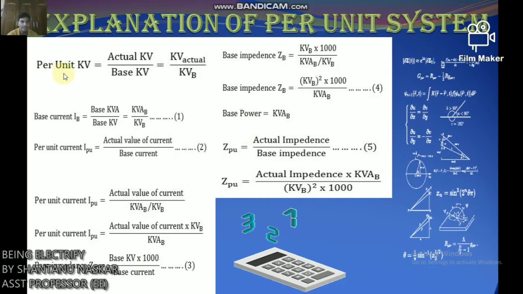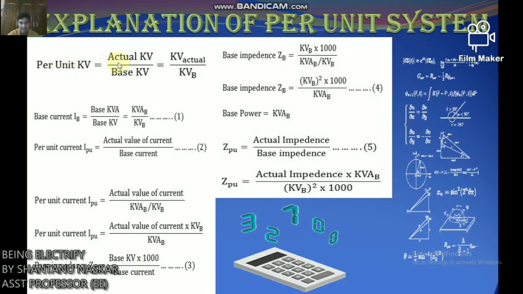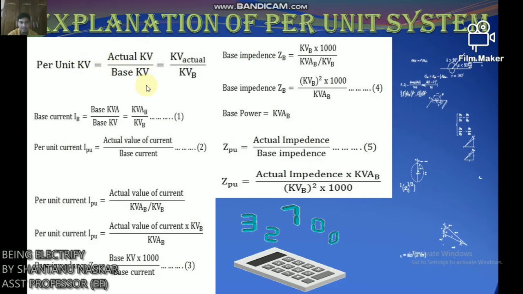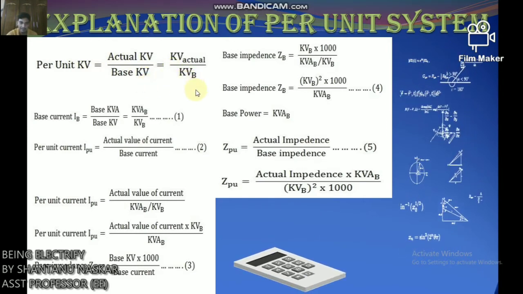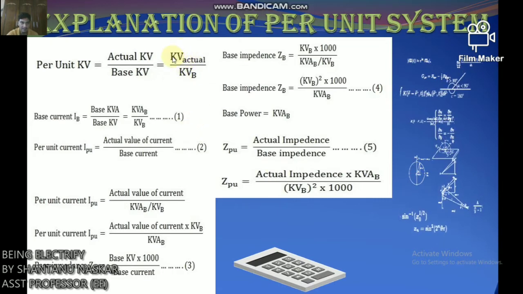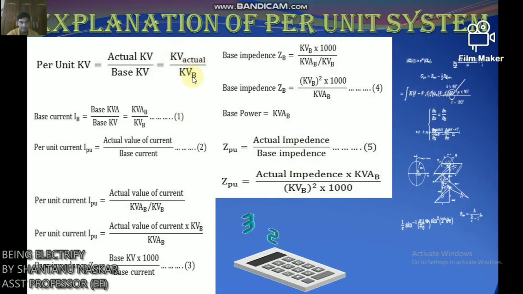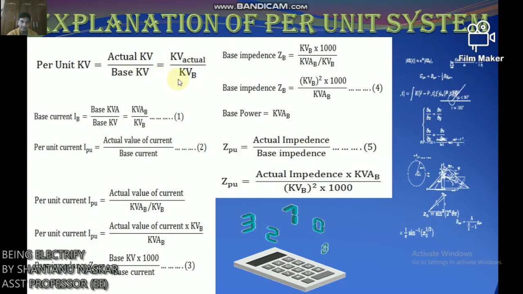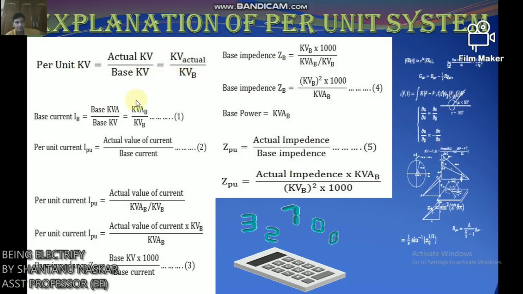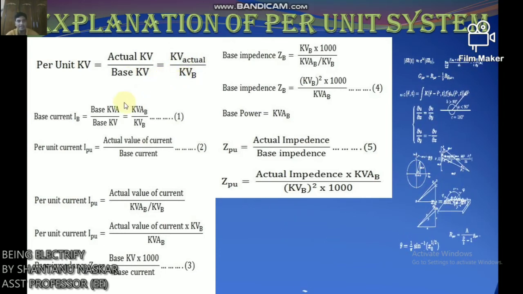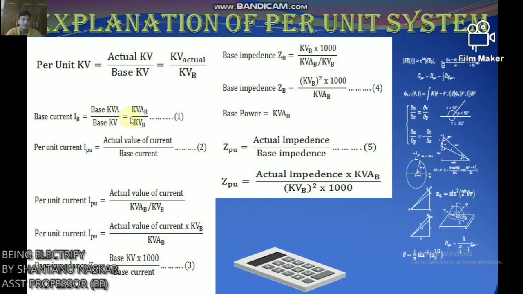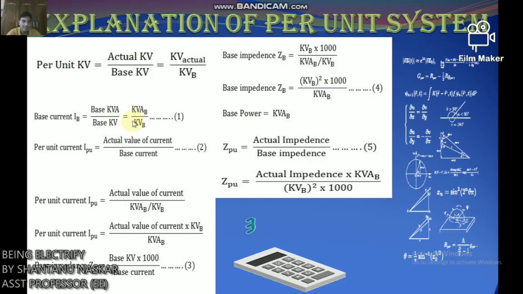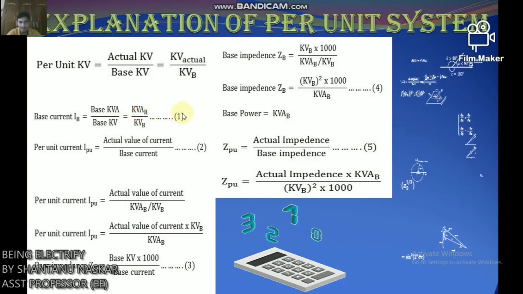Per unit kV equals actual kV by base kV, that is, kV actual by kV base, meaning actual voltage in kilovolt and base kilovolt. So we can say base current IB equals base kVA by base kV, which is kVAB by kVB, which is equation number 1.